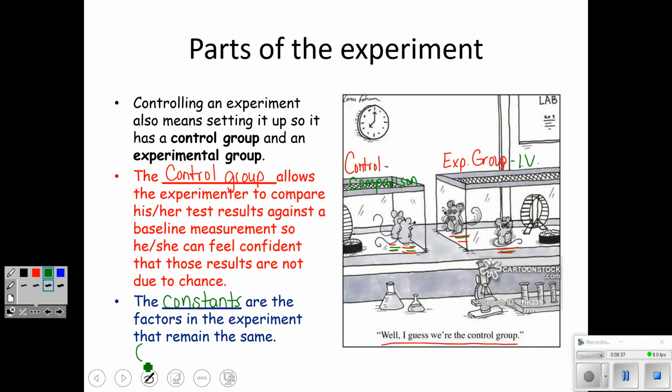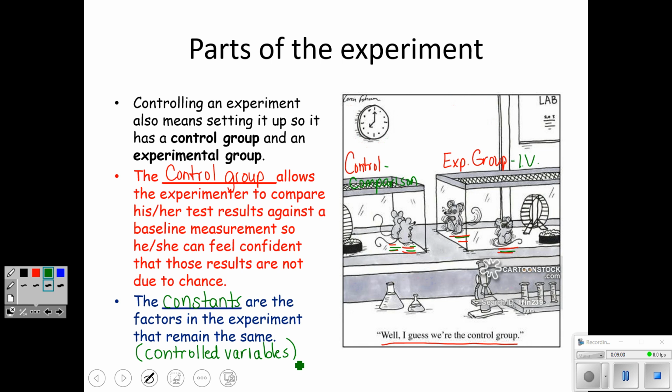Sometimes constants are called controlled variables. I don't really like this because controlled, people get that mixed up with control group, and variables insinuates there's more than one, and there cannot be more than one.